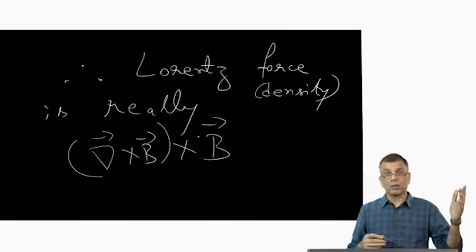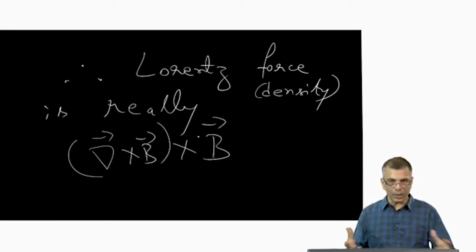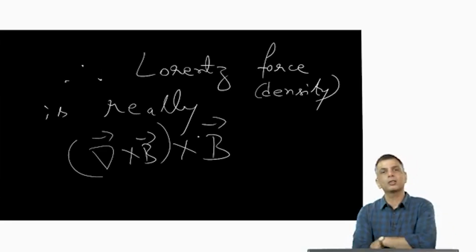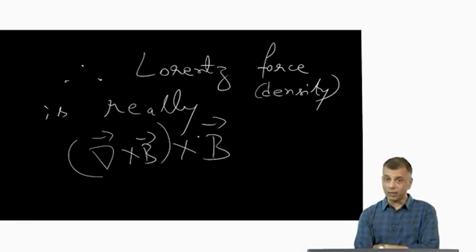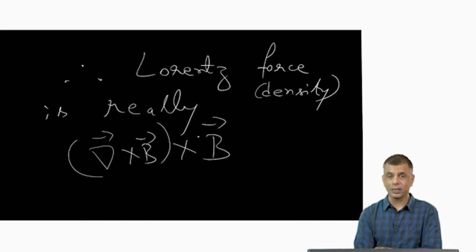Okay. So again, if someone asks you, what is a new thing? What is a new element of force that appears in magnetohydrodynamics? Or rather, what is the one new thing that appears in magnetohydrodynamics as opposed to regular neutral hydrodynamics? Tell me one new thing.